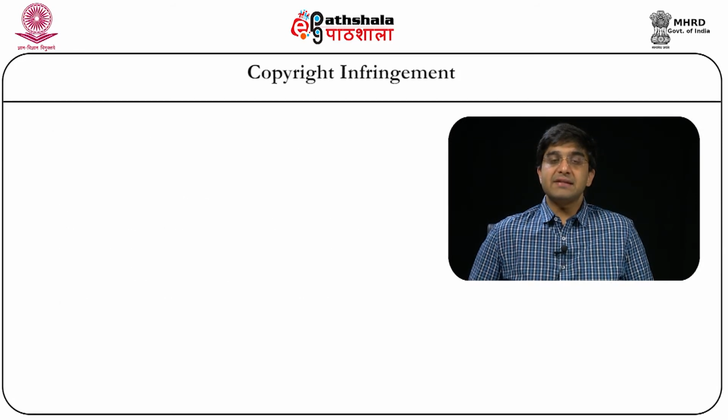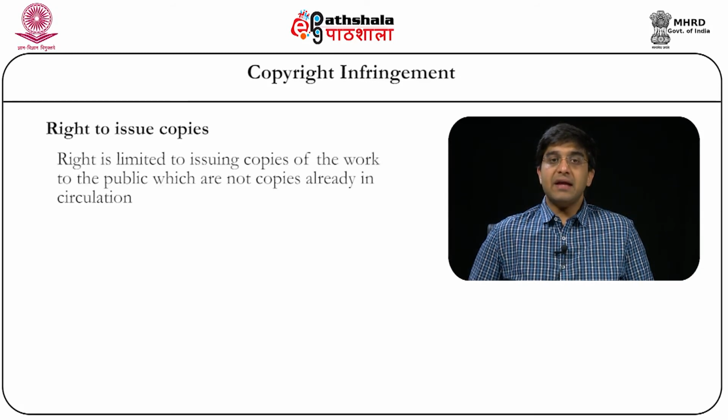The next set of rights is the right to issue copies. It is the right under the Copyright Act to issue copies of the work to the public, which are copies not already in circulation.